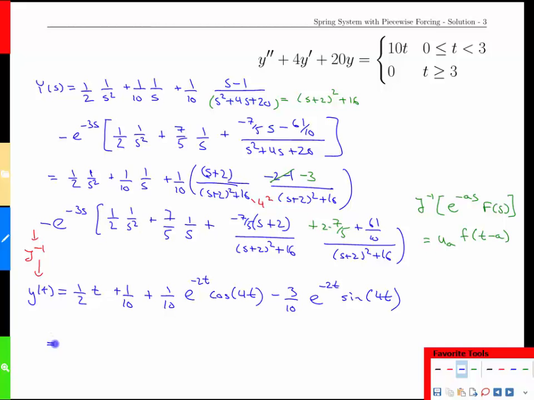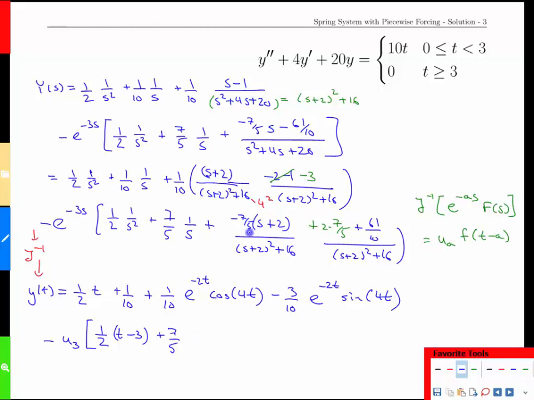And that turns out to be fairly straightforward. So I'll subtract u3 times all of these. We'll go through these one by one. 1/2 t, except it's going to be t minus 3. We're going to have 7/5 times a constant. That's fine, it's just 1. It doesn't get affected by this shifting here.